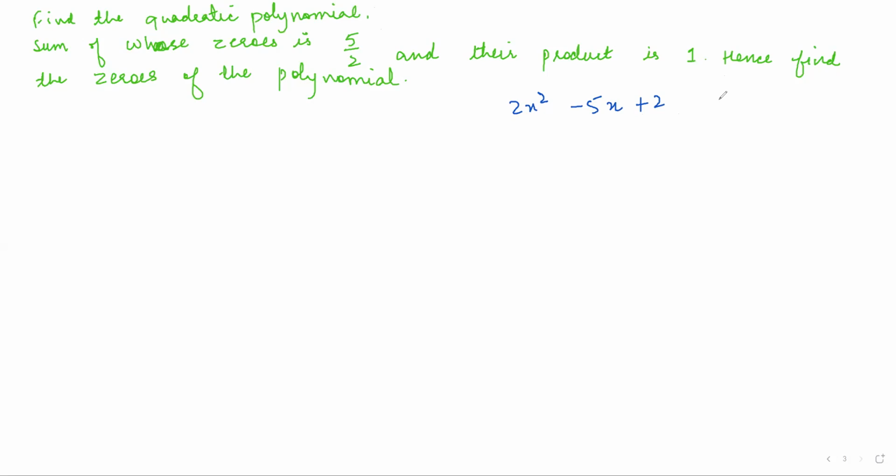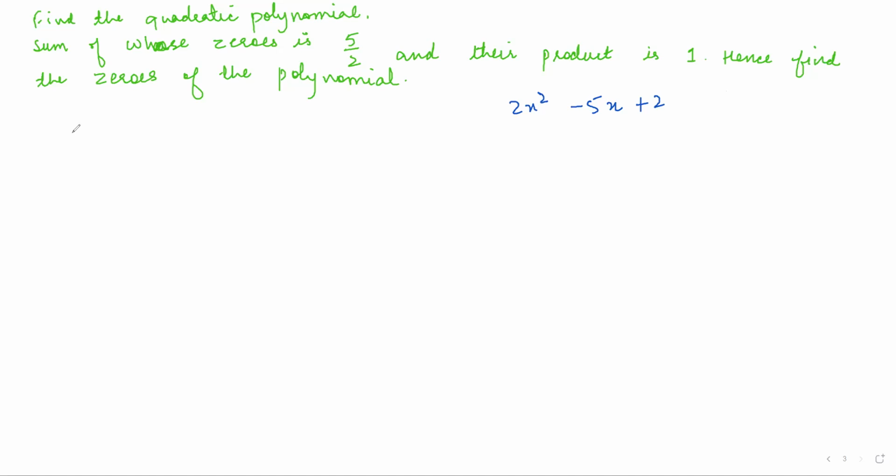Equate it to 0 and then find the value of x. So those values will be the zeros of this polynomial. So far, this is just the polynomial you have found out. Yes, what is the answer? It's 2x square minus 5x plus 1. Plus 1.